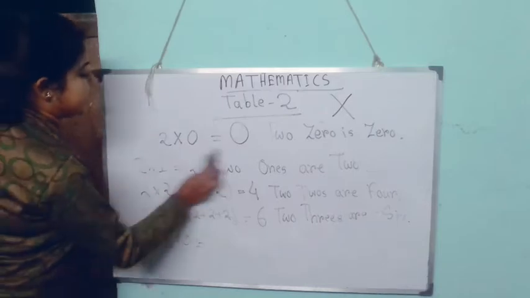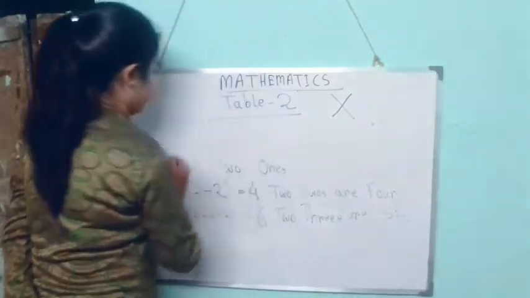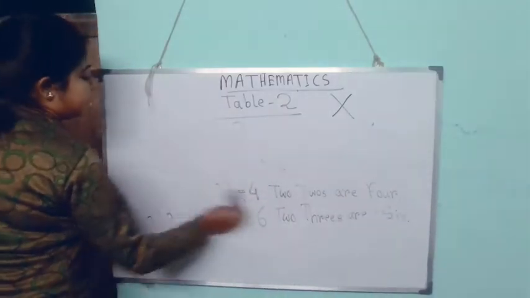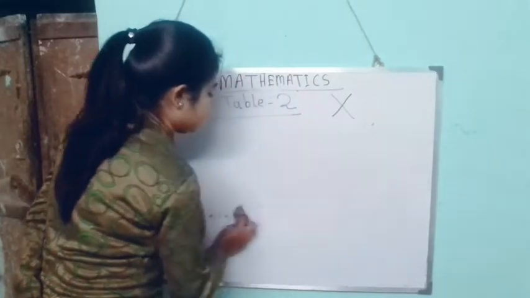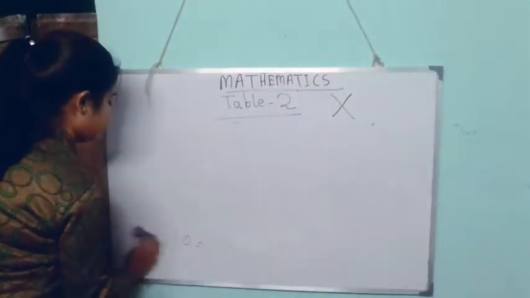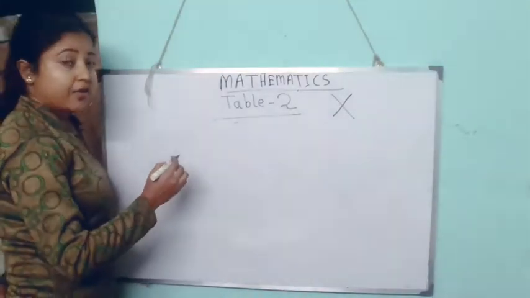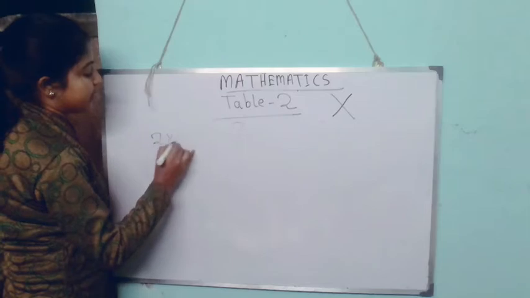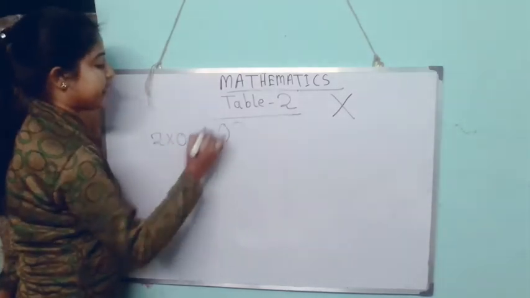If I erase these words and start writing again, okay. So first, how will you write 2 into 0? 2 0 is 0.